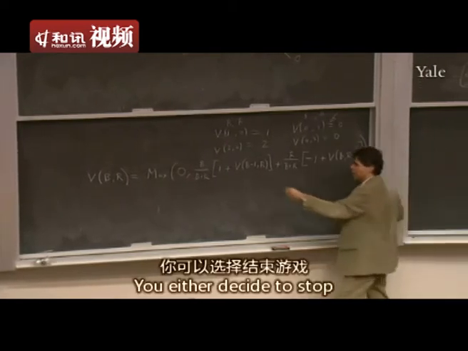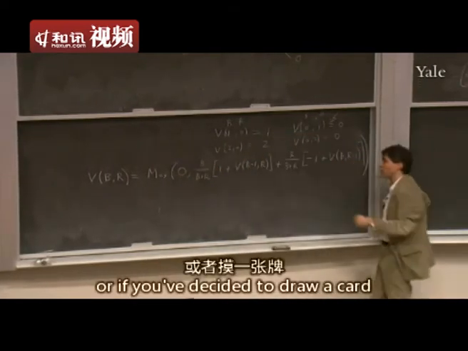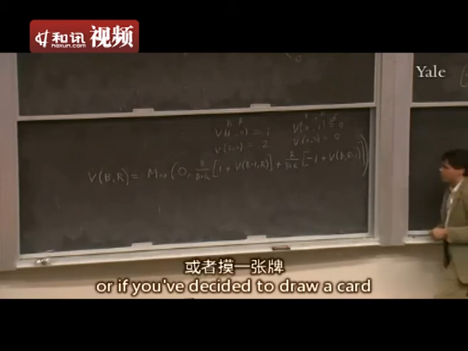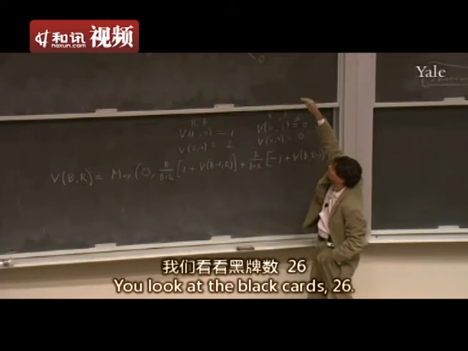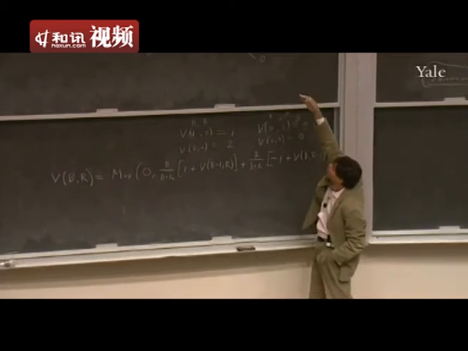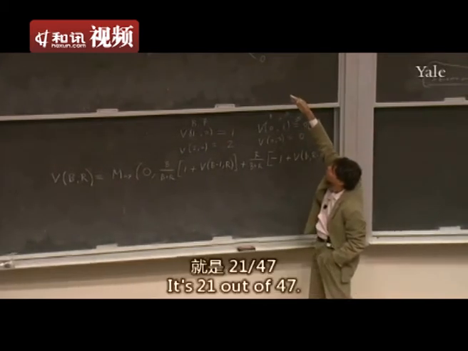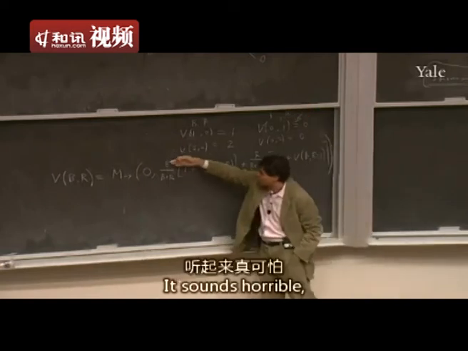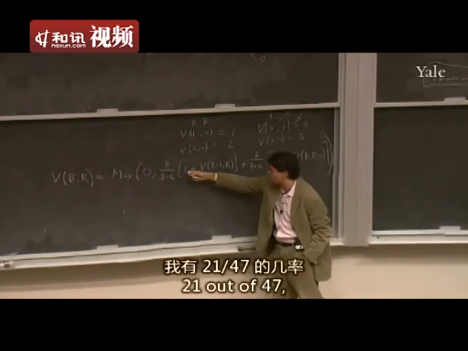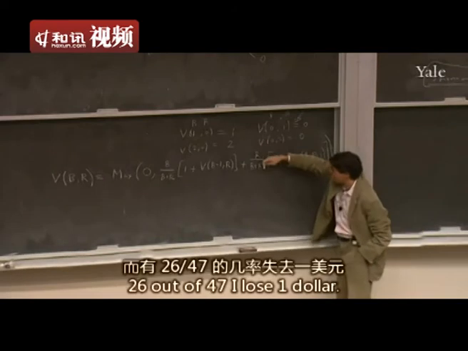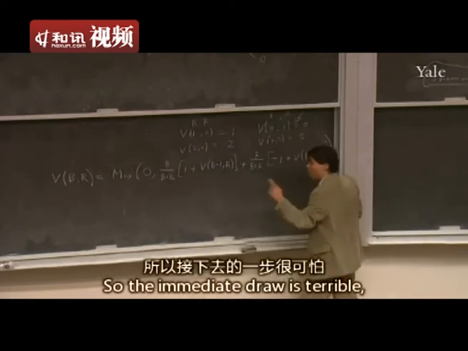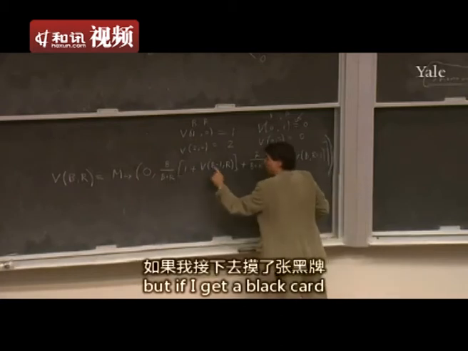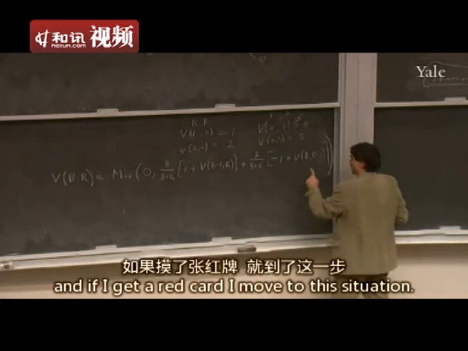You either decide to stop, or if you've decided to draw a card, you know what the chances of getting a black card are. If I'm down there, it's 26 out of, say, 47. Sounds horrible. 21 out of 47, I win $1. 26 out of 47, I lose $1. So the immediate draw is terrible. But if I get a black card, I move to this situation, and if I get a red card, I move to this situation.